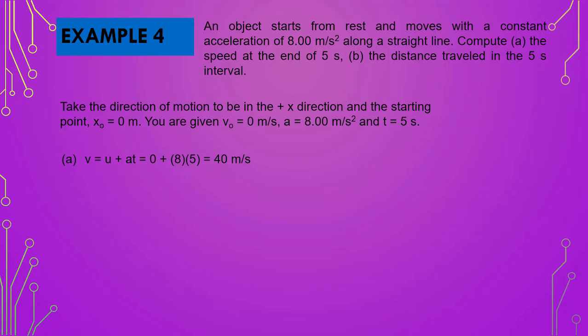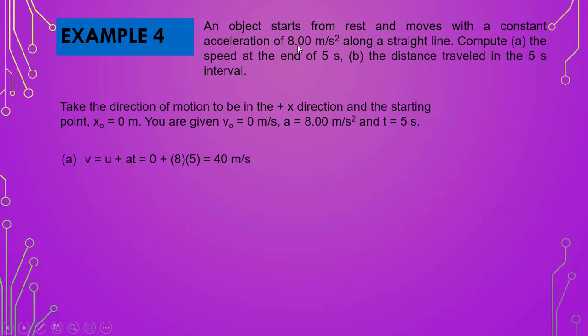We are also given the initial velocity, which is v naught or u, equal to 0 meters per second. We got this from the statement that the object starts from rest. So rest here means the object starts with 0 meters per second.